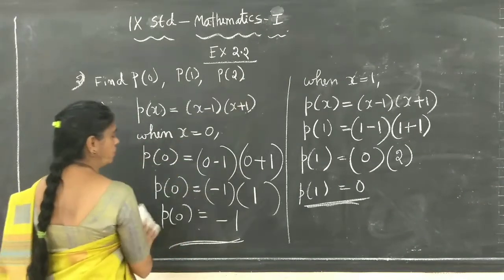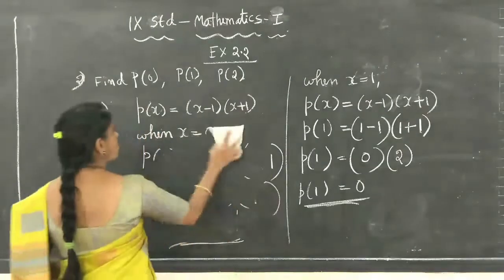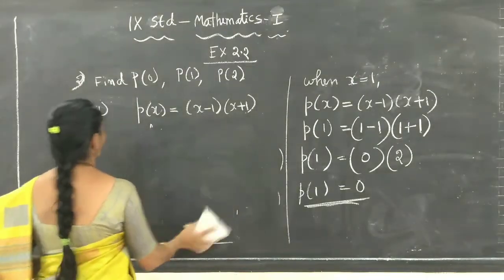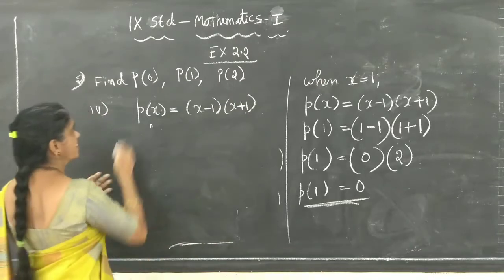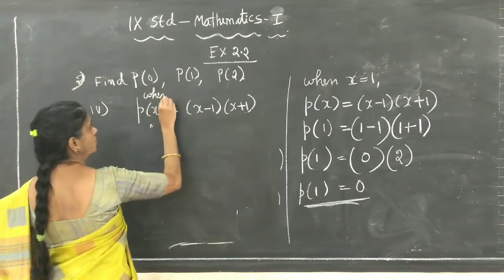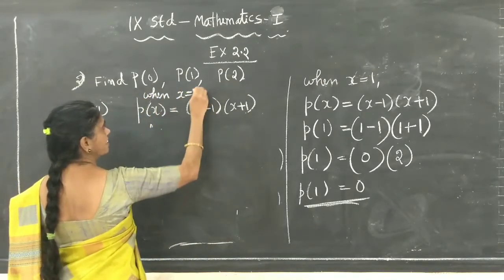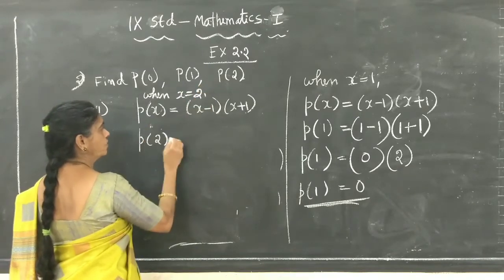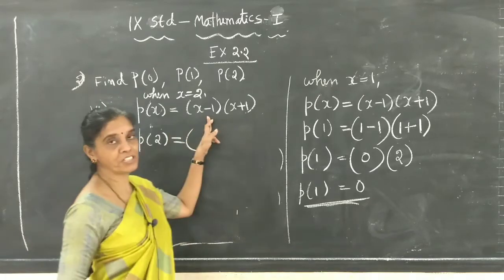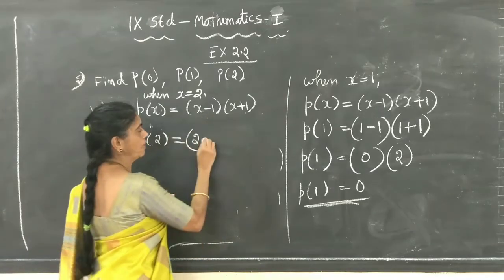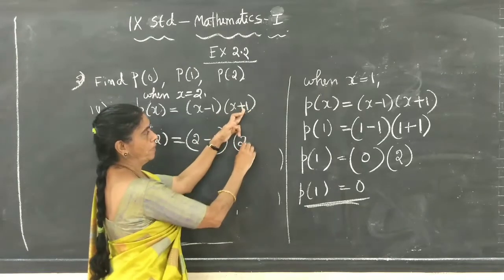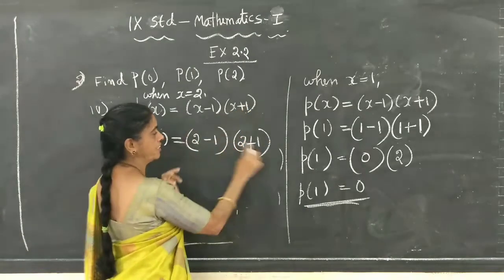Second, this one also we will do if you want. When x is equal to, how much do we have to take in the last case? 2. So P of 2 is equal to, now what x value should I take? 2. (2 minus 1), here in the x place 2, (2 plus 1), both are written in brackets.